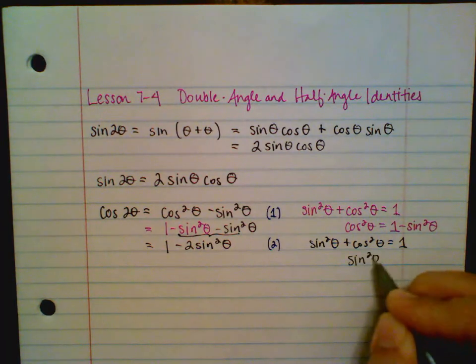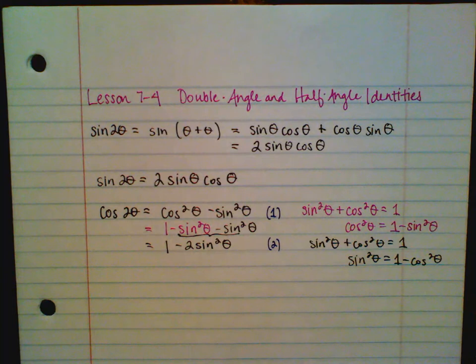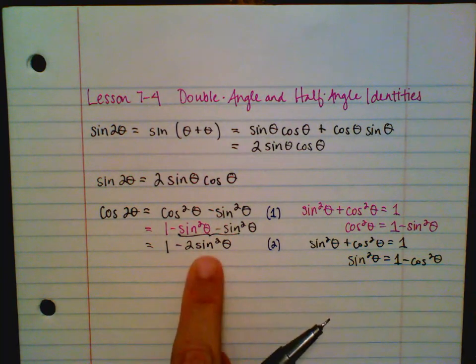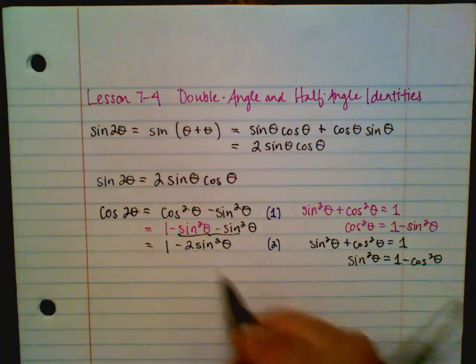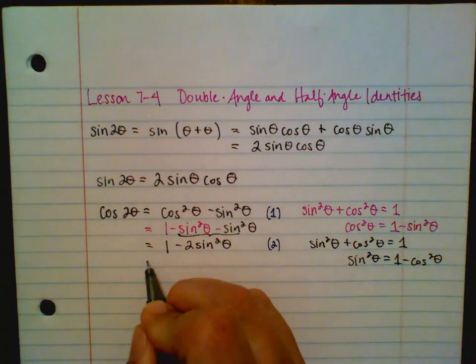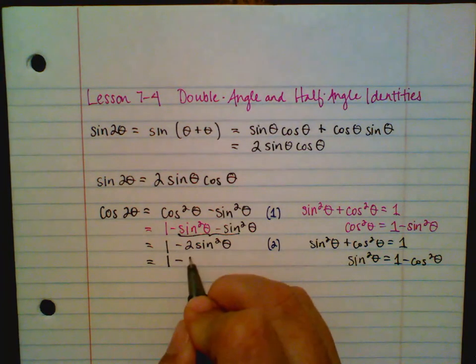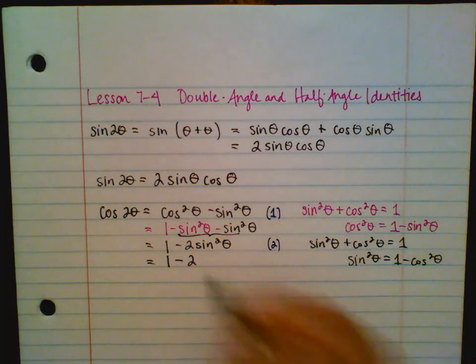I would find that sine squared theta is 1 minus cosine squared theta. So I could actually go in here and rewrite it. If I bring this down, 1 minus 2, and check this out.